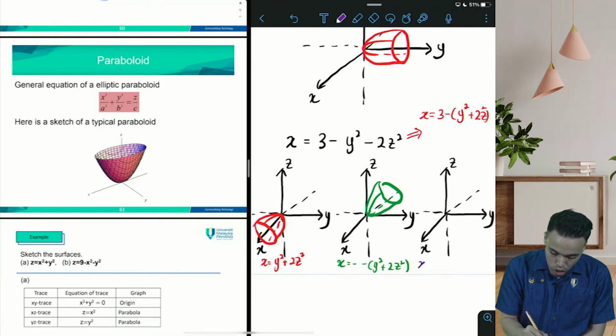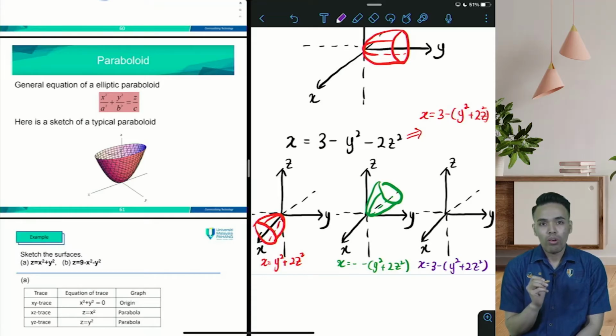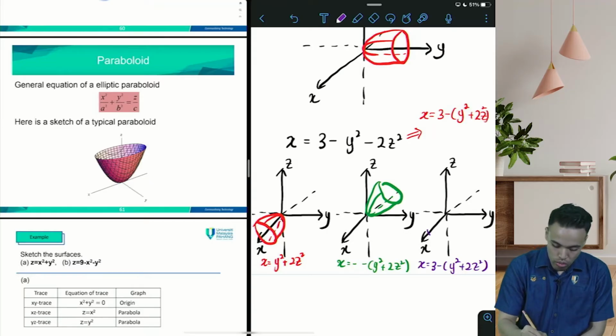Okay, let's try to sketch x is equal to 3 minus y squared plus 2z squared. Why did I choose 3 along the positive x-axis? The reason being, x is the subject of the equation, therefore the constant 3 belongs to variable x. So this is where x is equal to 3.